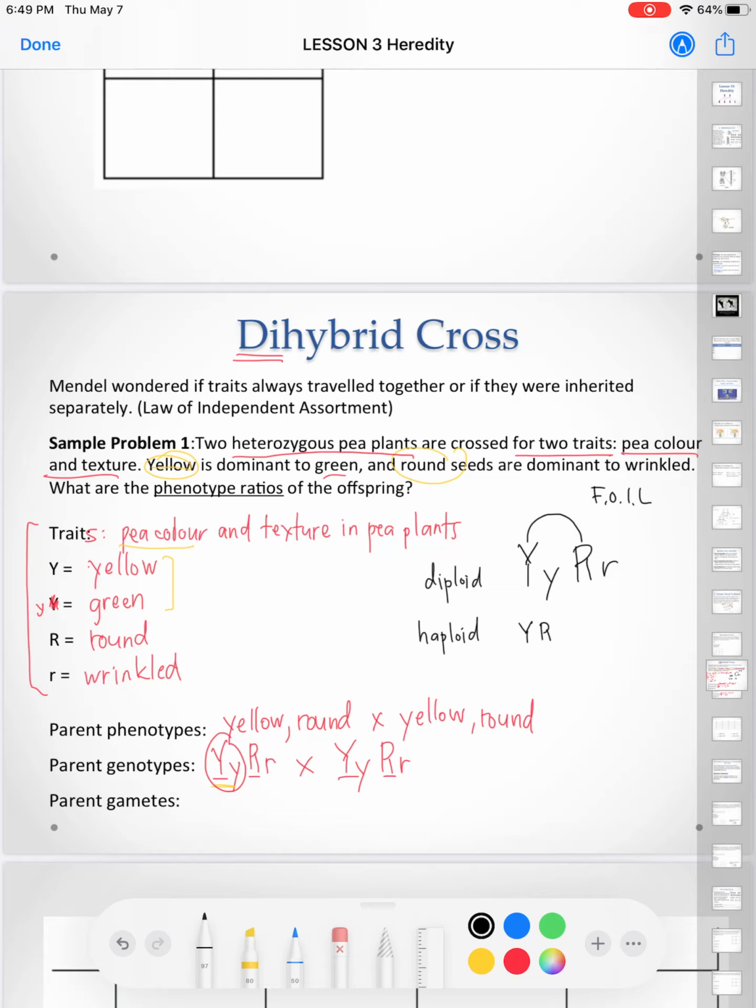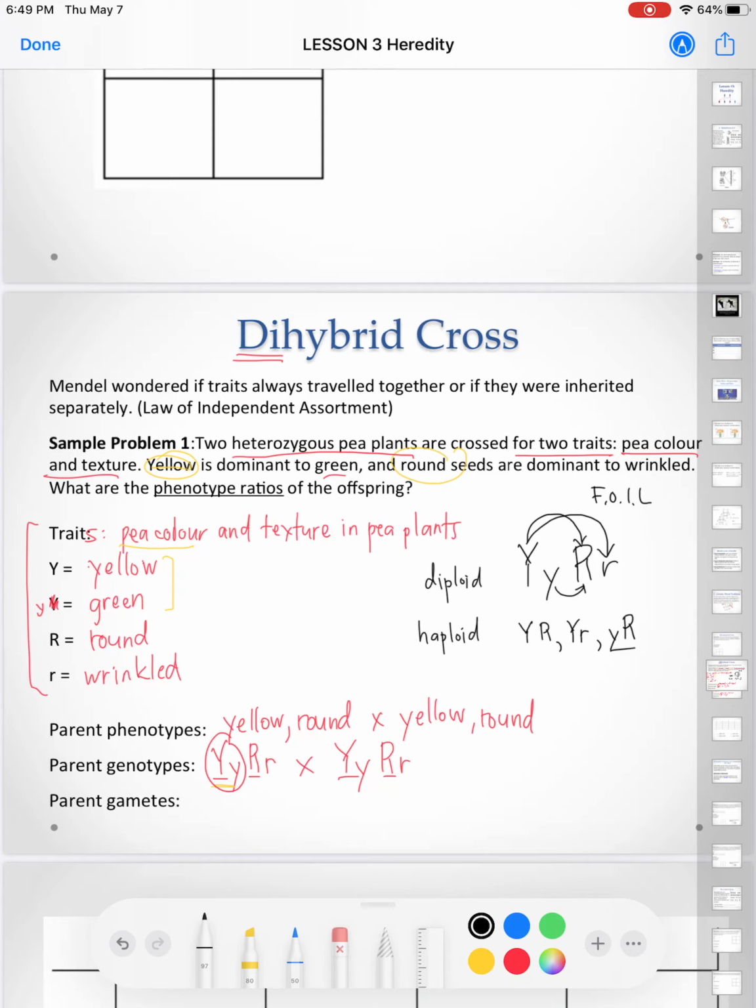Okay, the next combination I can do is the first dominant Y and the second R. So that's my second gamete. And the next combination I can do is the second Y and the first R. Now again, careful with this one, because you might think, oh, Mrs. Daly told me to write the dominant one first.